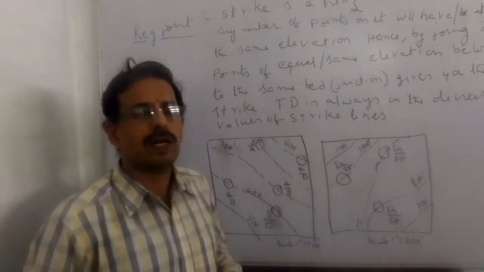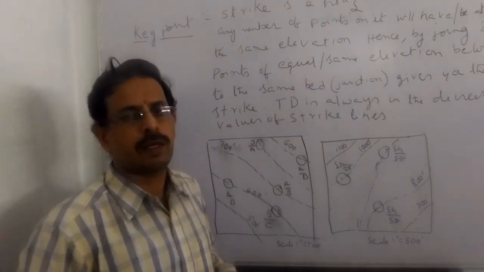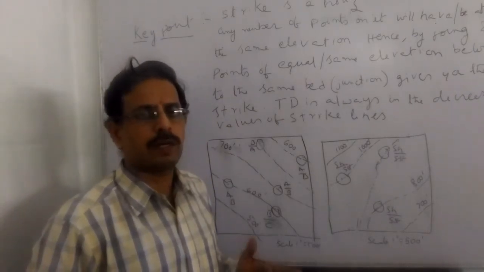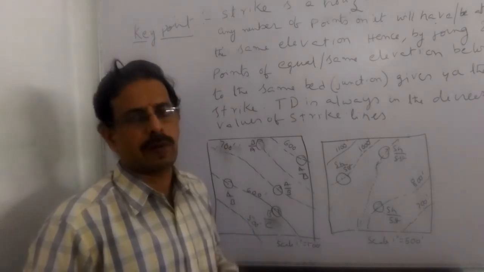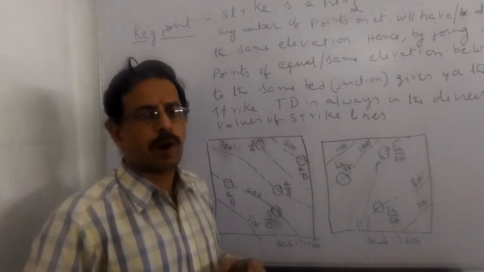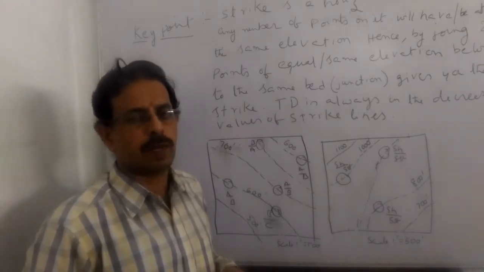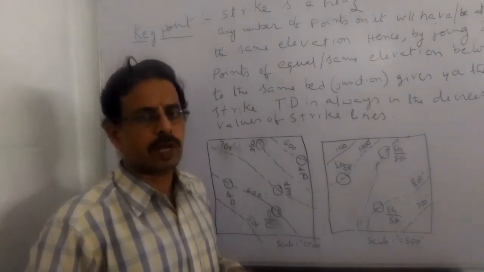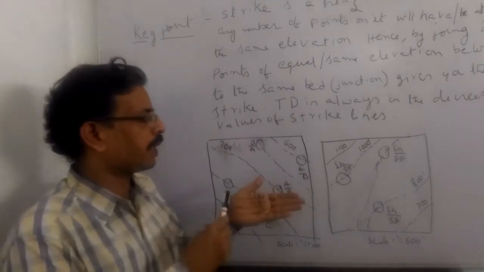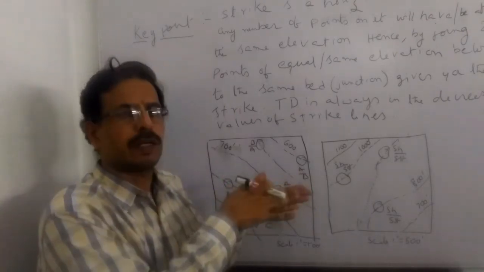You know very well, strike is the direction of a line on the bed, formed by the intersection of the bedding plane and an imaginary horizontal plane. For example, assume this hand of mine is a bed.